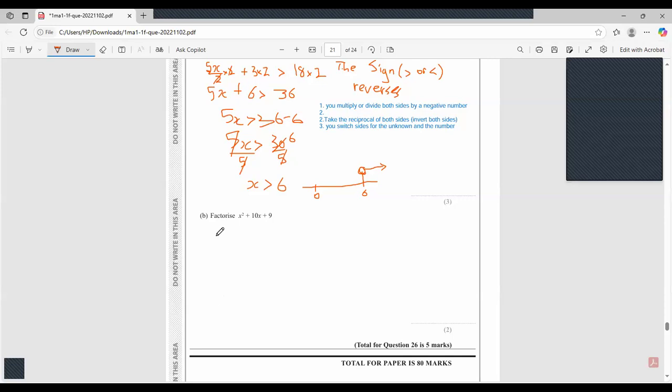So it says factorize x squared plus 10x plus 9. All right. So to factorize a quadratic equation, there are different methods. But the simplest method I know is to ask yourself a couple of questions.